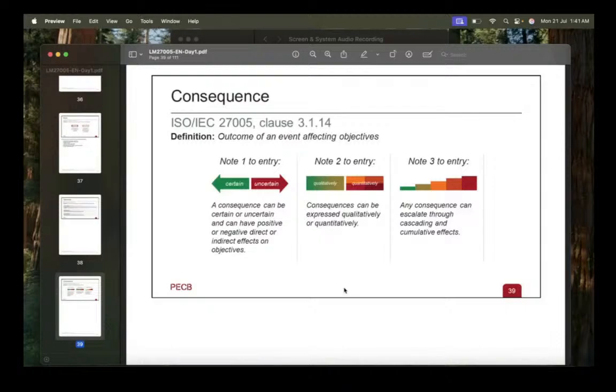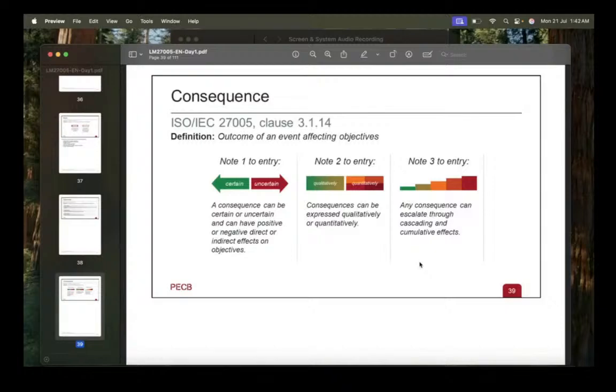Then we have note 3 to entry, which, if you can see with the help of this chart, shows how it escalates through cascading and cumulative effects. So this talks about the escalation. Just to reiterate, note 1 talks about the certainty and uncertainty of consequences.